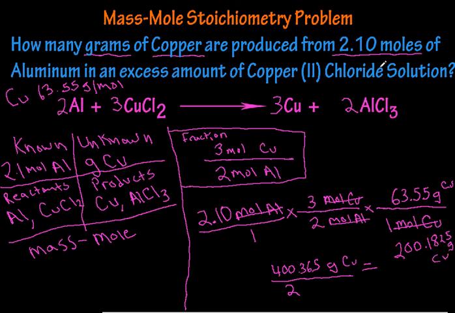Let's go back to our given. How many sig figs in our given? 3. So we can keep 3 sig figs. So we know with certainty that this is 200 grams of copper. That's the answer.